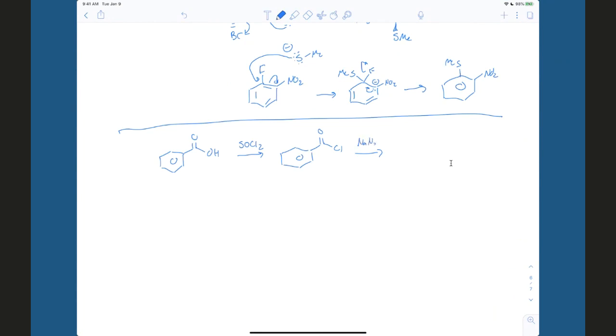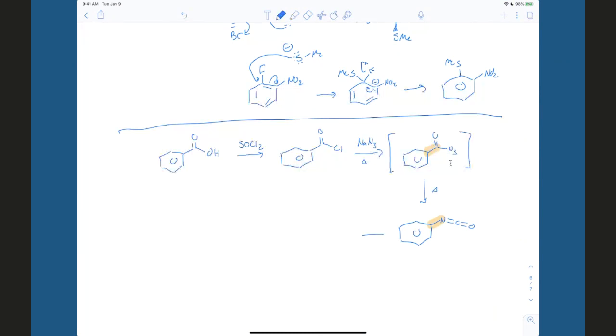We have sodium azide and heat. So this will briefly go through our acyl azide that then with heat goes to an isocyanate. Note that there used to be a carbon-carbon bond here, and now we have a carbon-nitrogen bond.